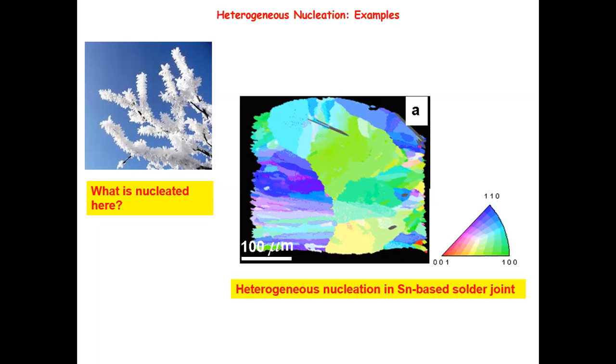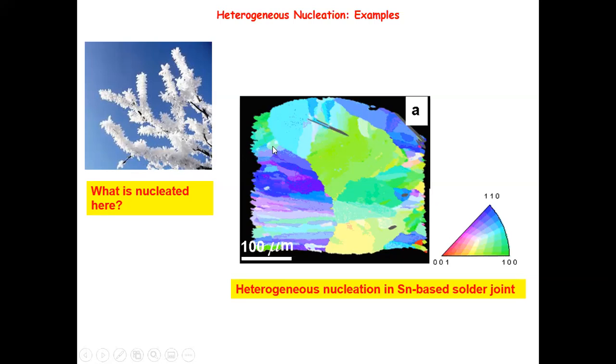My question for you is, I can totally tell you this is heterogeneous nucleation, but if you think about these processes and the initial nucleation, what has been nucleated on these tree branches?